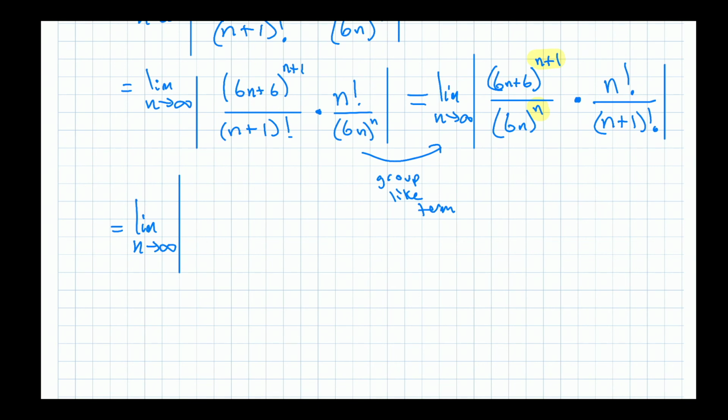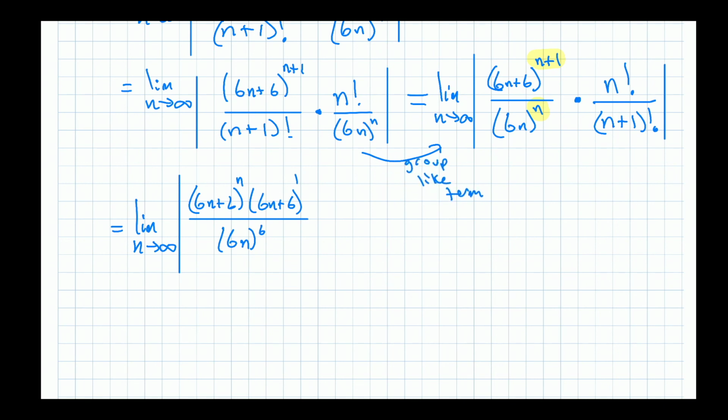So I'm going to write the 6n plus 6 to the n plus 1 as 6n plus 6 to the n, and then 6n plus 6 to the 1. That way I have it to the n power somewhere. All right. Let me just move that up.